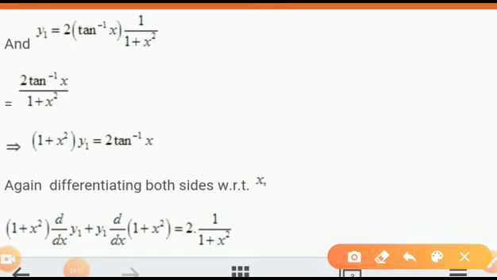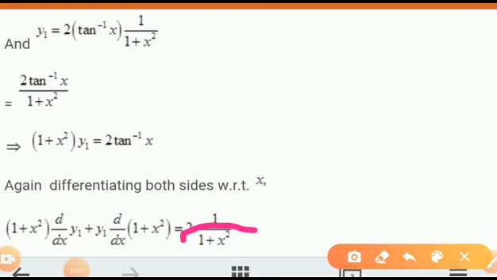Again differentiating both sides with respect to x, because this we have simplified. This y1 I have multiplied by 1 plus x square. So it will be 1 plus x square y1 is equal to 2 into tan inverse x. We need to have that y double dash. So again differentiate it with respect to x. On the left hand side make use of the u into v form, and then you'll be getting this simplified.